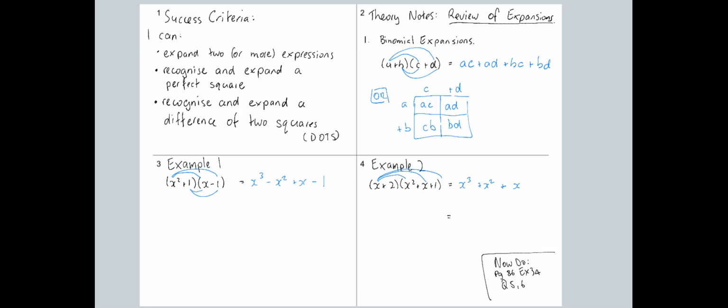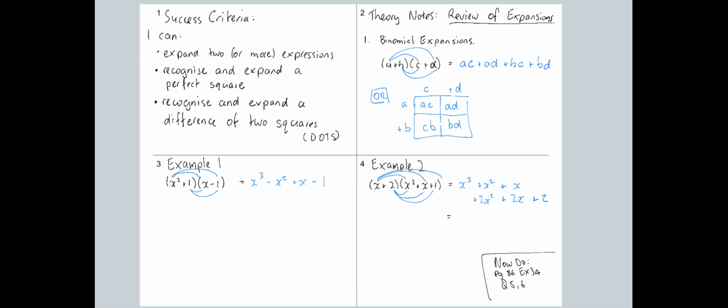Now here's another little tip for expansions as well, and that is once you've done the first term in the expression, try writing the next part underneath and keep your like terms together. So 2 times x is 2x squared, so put it here. And then 2 times x is 2x, and then 2 times 1 is 2.